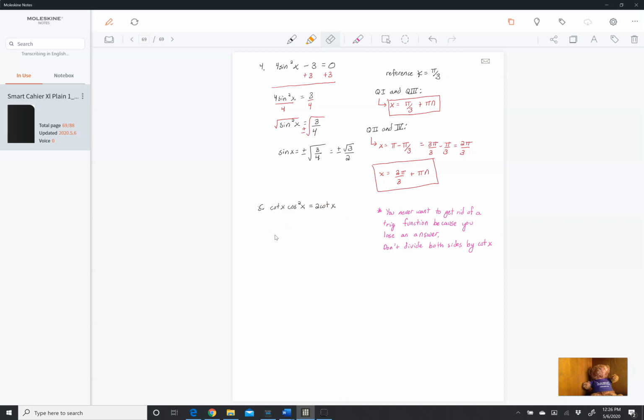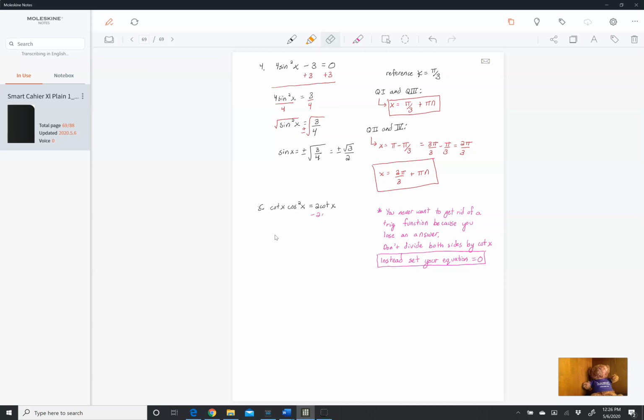So now the question is, if we don't do that, then how in the world do we solve this? Set it equal to 0. So when you're not sure what to do, this is your go-to. So how does that affect this?